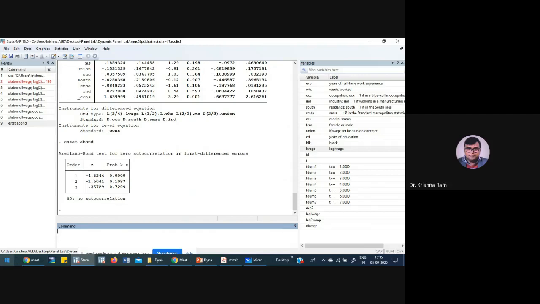So the null hypothesis here is that there is zero autocorrelation in first difference form. So these are the orders.